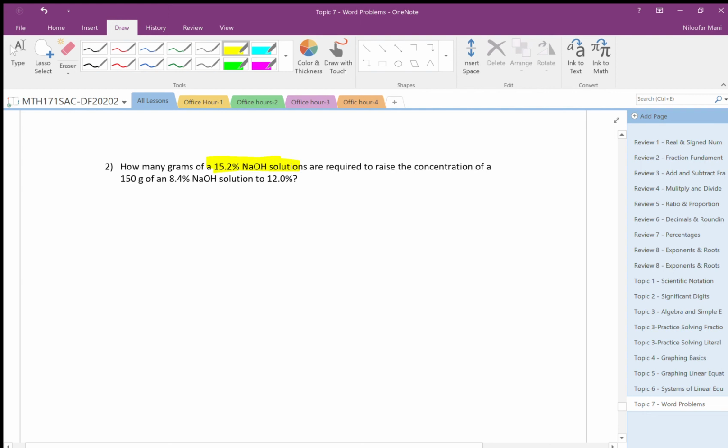It says how much is required to raise the concentration of this one to this one.